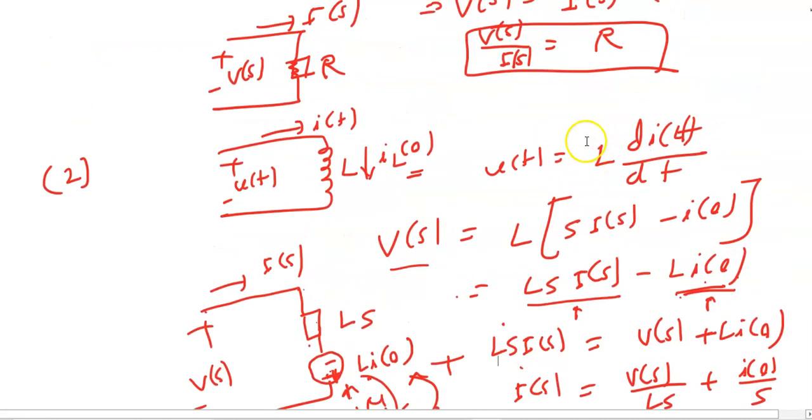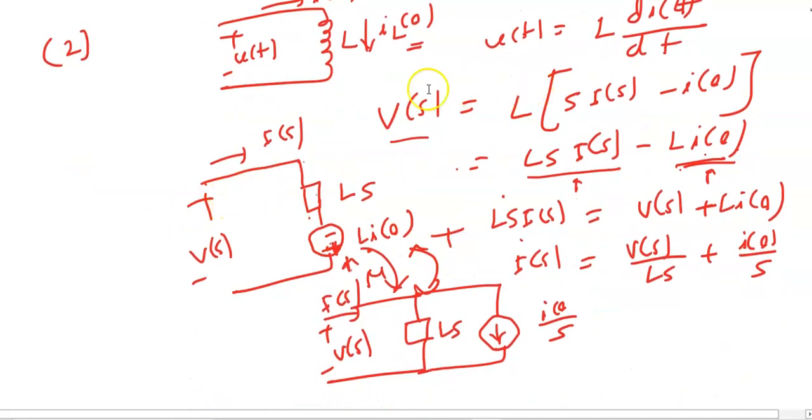So this is the transform of current, and this is the transform of the inductor with a voltage transform. This circuit and this equation are for the voltage transform, and this equation is for the current transform.